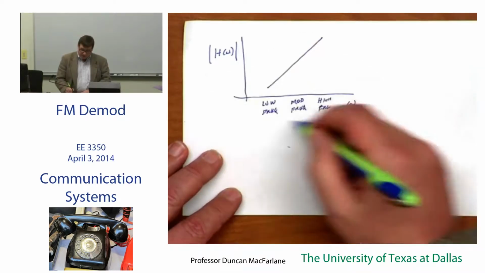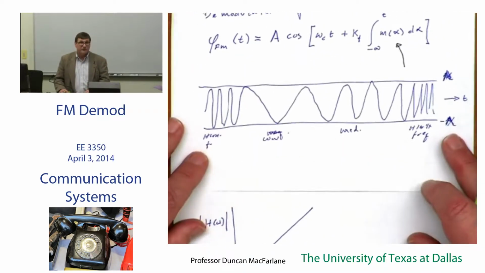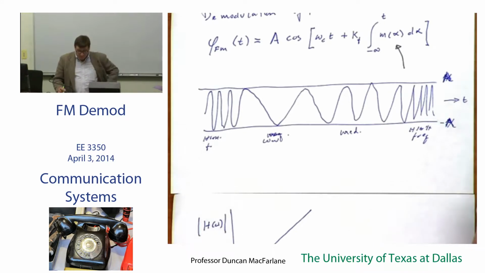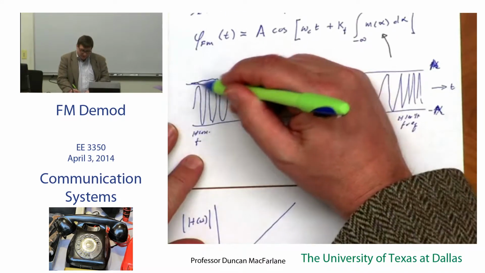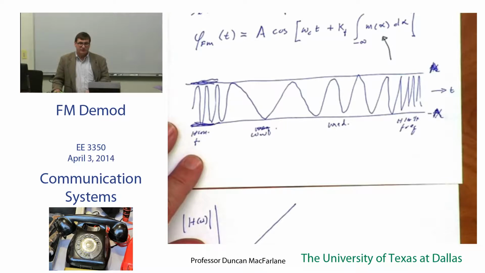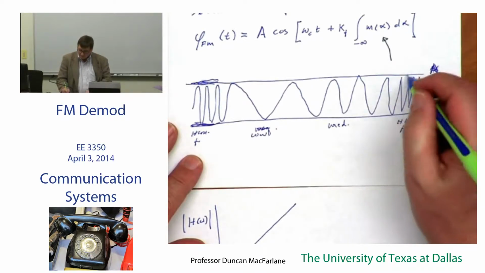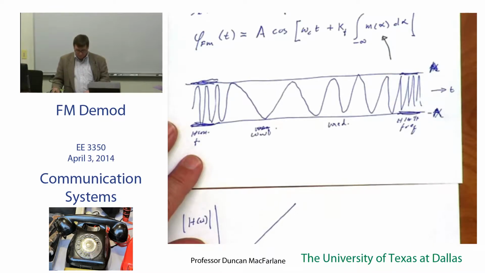Now, if I take this transfer function here, and I take a look at this waveform, the high frequencies are going to see a high pass. They're going to give you a large relative amplitude on the way out.